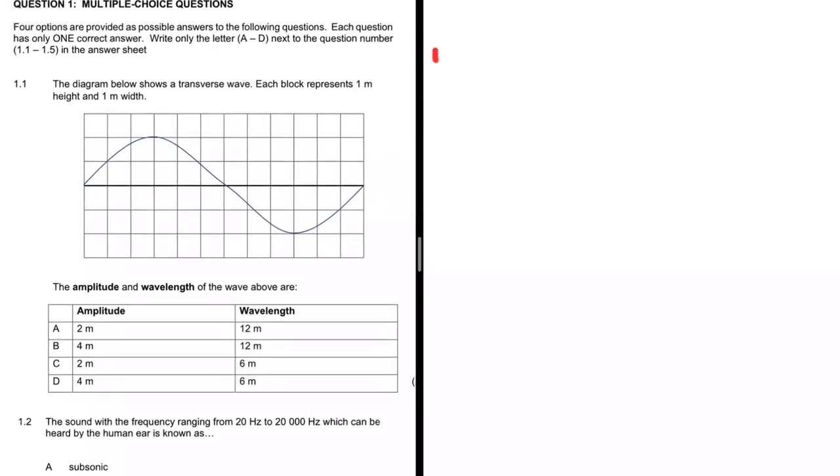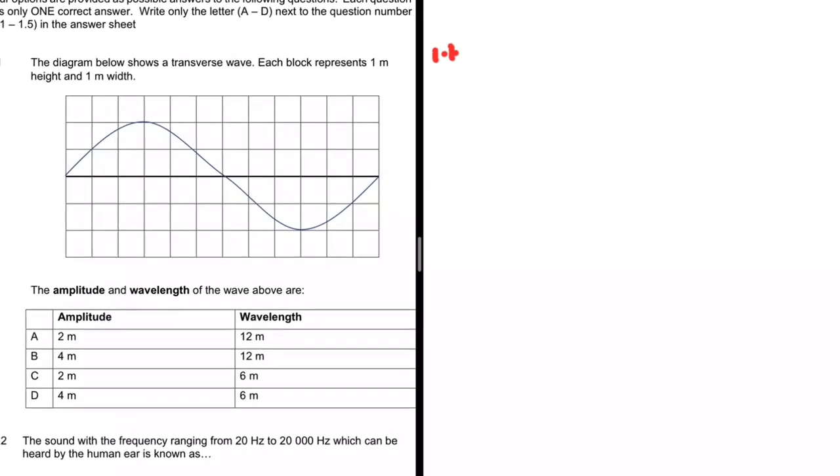We have 1.1. So the diagram below shows a transverse wave. Each block represents a 1 meter height and a 1 meter width. The amplitude and wavelength of the wave above are. Okay, let's start with the amplitude. From here to here should be the amplitude, right?